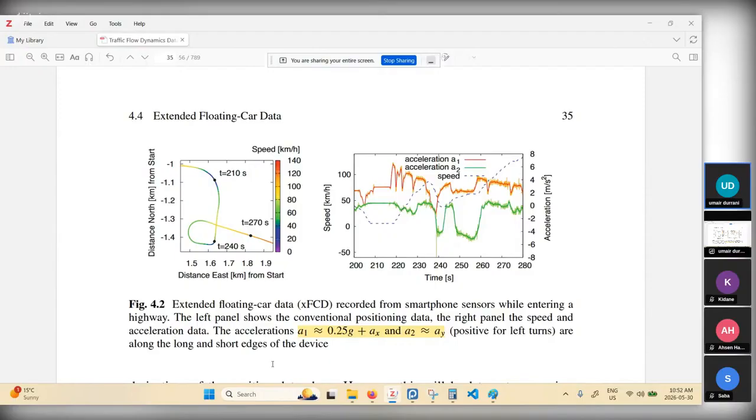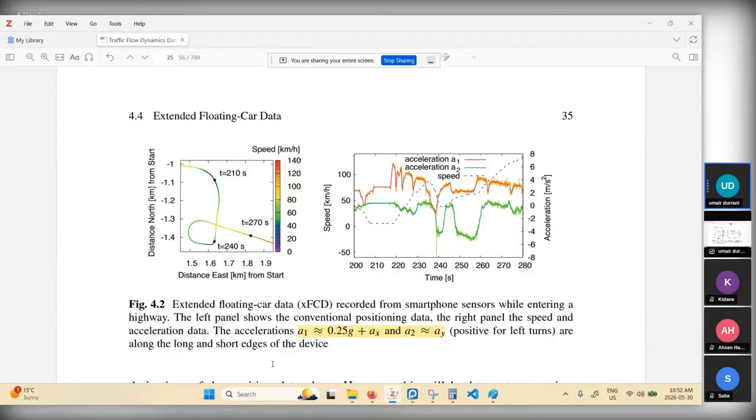On the right, we see the x-axis contains time, and there are two y-axes. There is a speed axis on the left and acceleration on the right. The dashed line that we see here indicates the speed. So this is the speed of that same floating car, and there are two accelerations, A1 and A2.